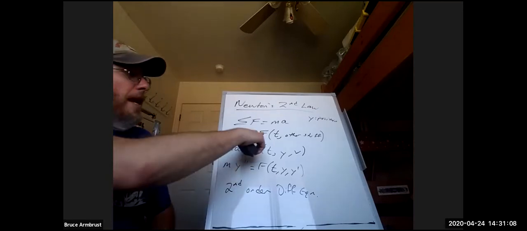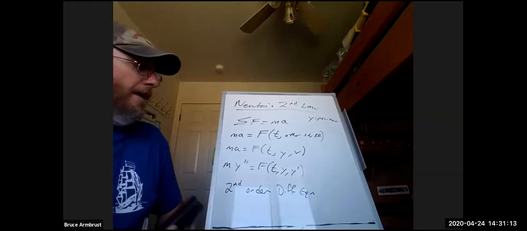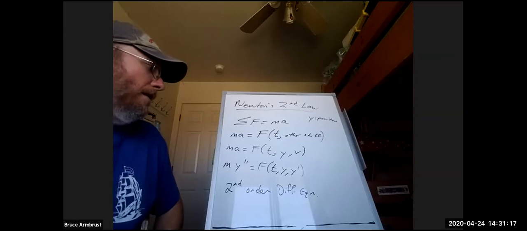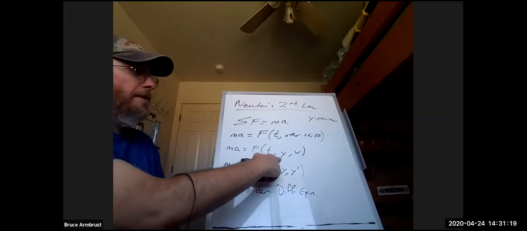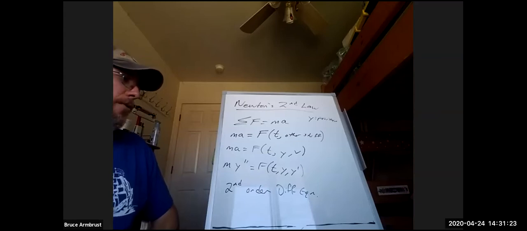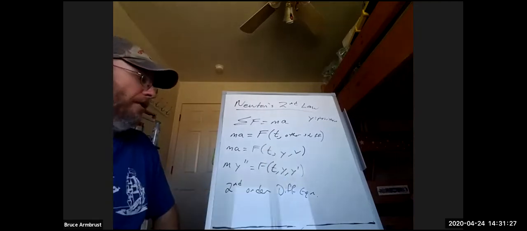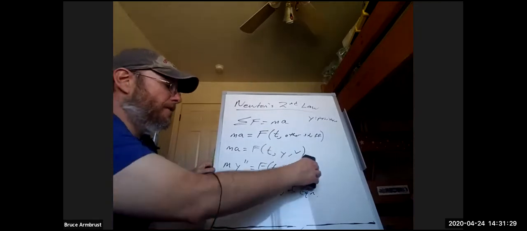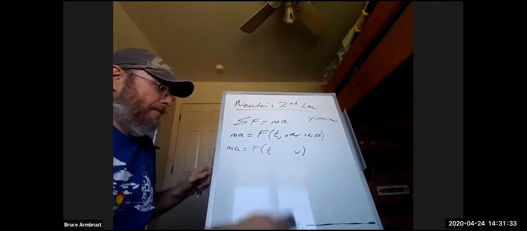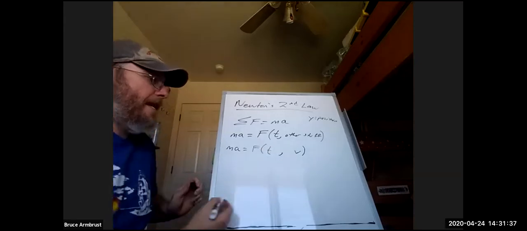Okay, so remember when we had this t and other stuff? Let's say that other stuff doesn't include y. So we're not going to base it on position. We're going to look only at things where the force is dependent upon the time and how fast we're going. So let me just rewrite this again. Let's just say we've got F of t and v.